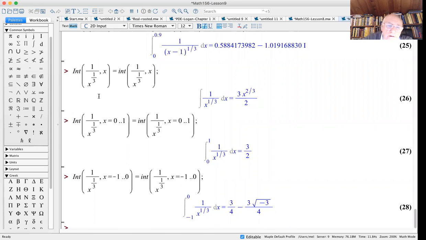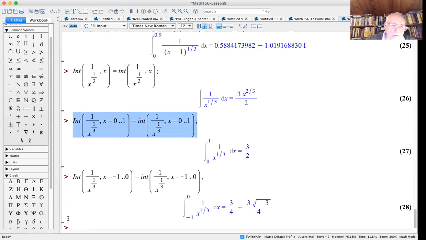So in the next homework assignment, I'll give you a few problems to do using Maple to compute partial fractions and to compute some improper integrals. And you have to realize that improper integrals do not necessarily exist. Sometimes they do, sometimes they don't. So for example, we see that this improper integral exists, the integral from 0 to 1 of x to the 1/3.